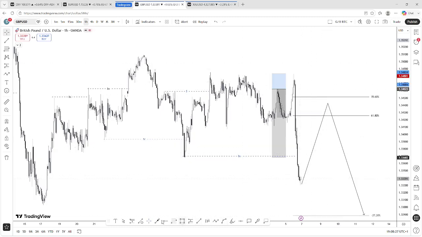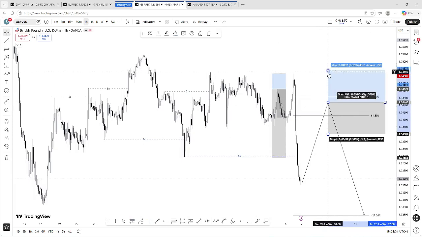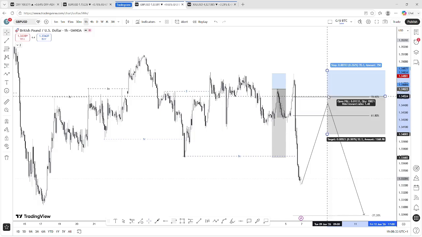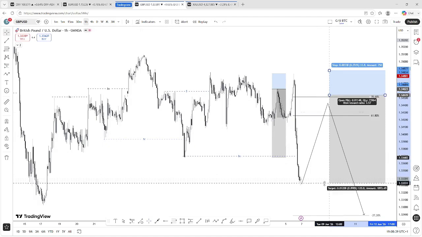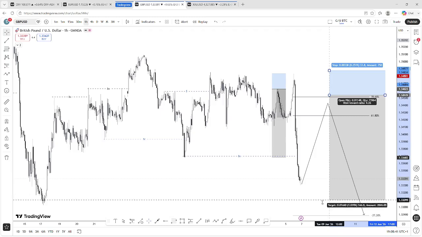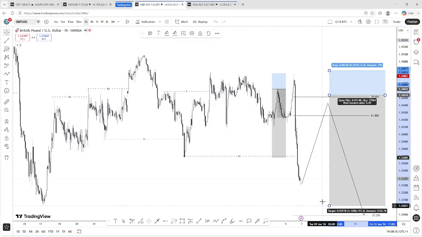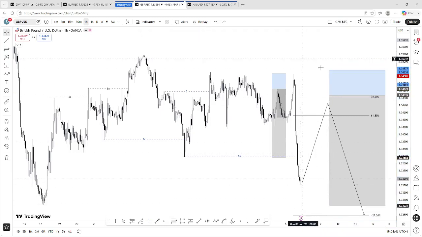Okay, yes, and that's what we are looking for in GU. Probably I think around 78 will give us a better risk-reward ratio. And yes, we still have the daily targets on the downside.